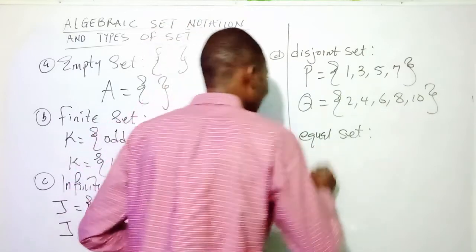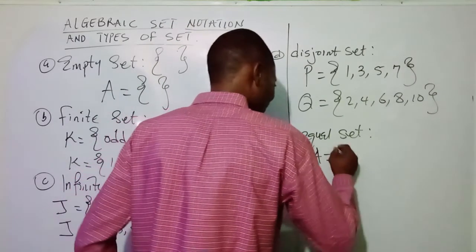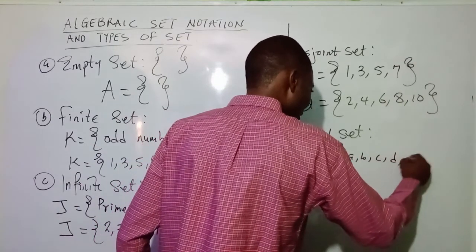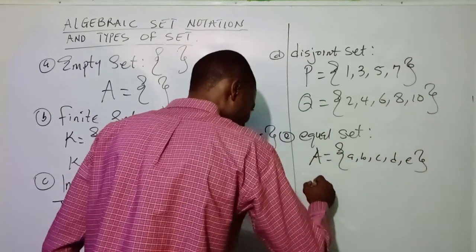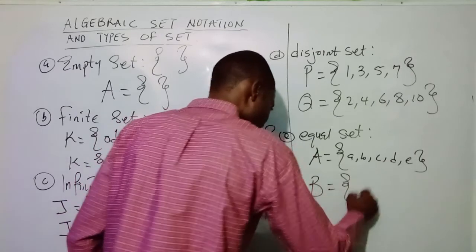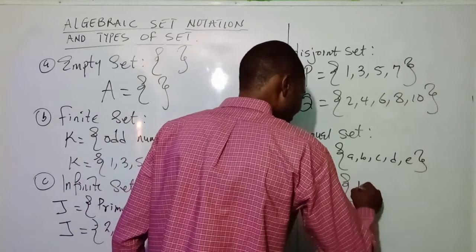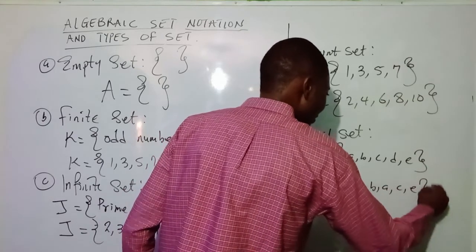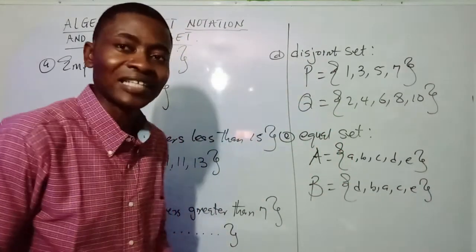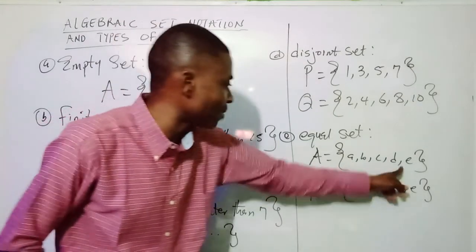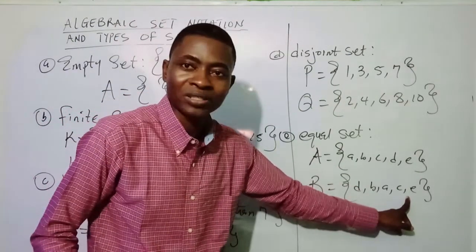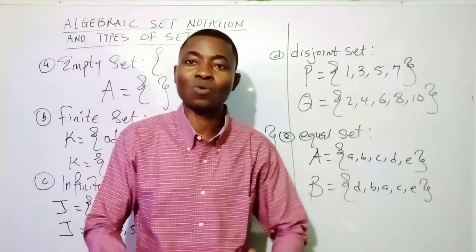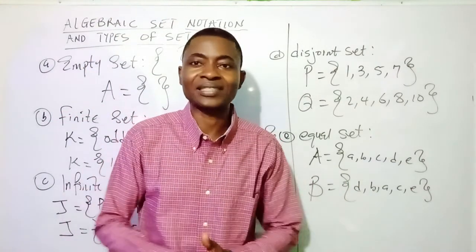For instance, I have a set A with A, B, C, D, E, and another set B with D, B, A, C, and E. If you look at set A and set B, you will notice that all the elements in set A are also found in set B. Therefore, set A and set B are equal sets.